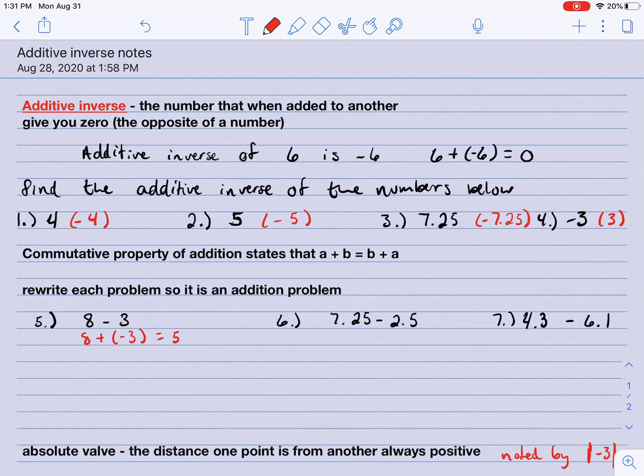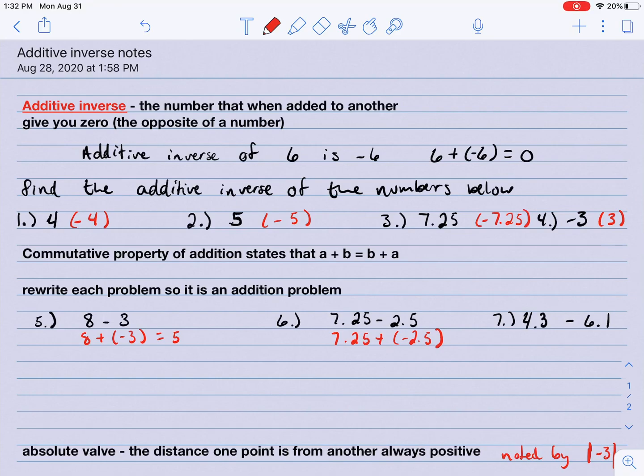Okay, so likewise 7.25 minus 2.5. When we do that, 7.25 minus 2.5, we get a positive answer. If we were to switch that and do 2.5 minus 7.25, we would get a negative answer. So we can rewrite this as 7.25 plus a negative 2.5.